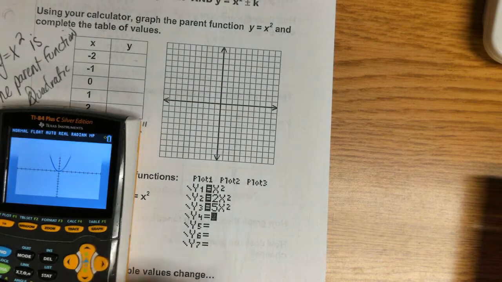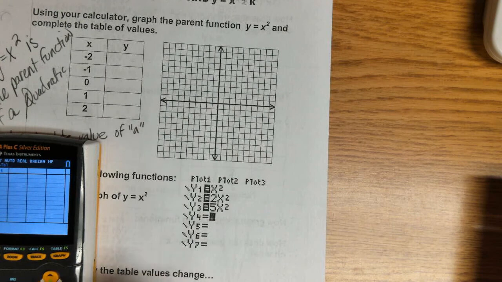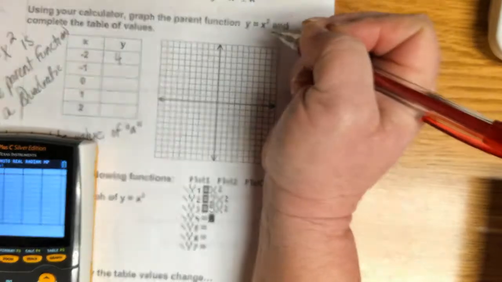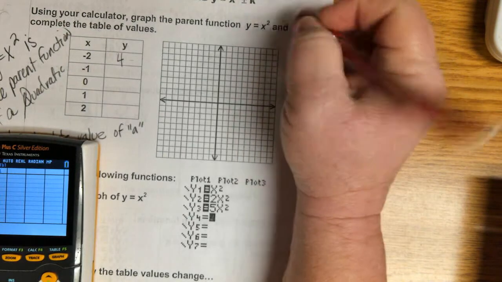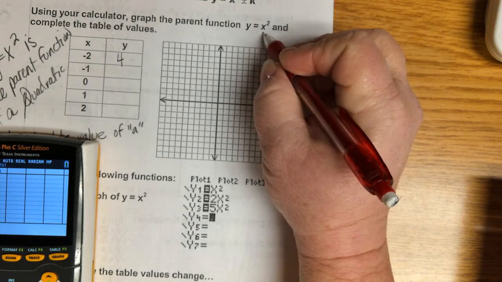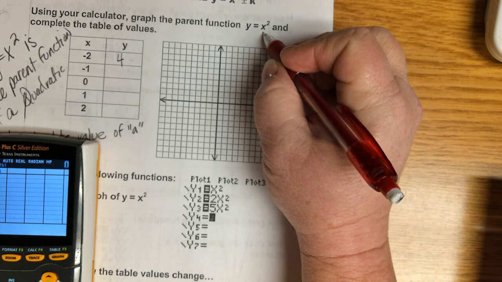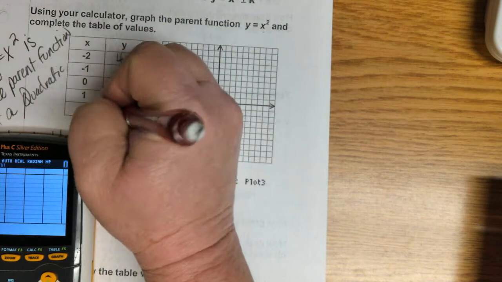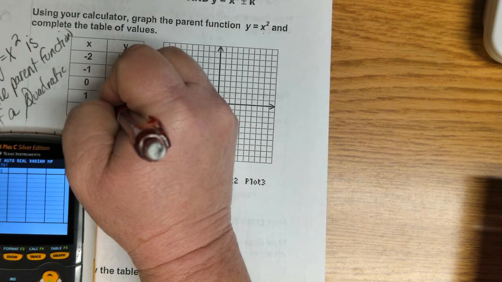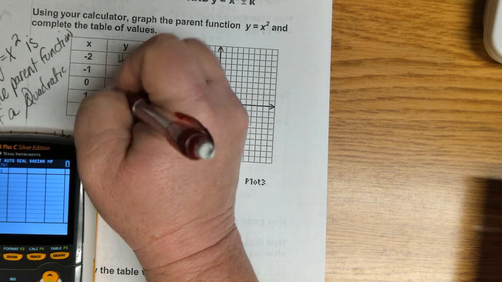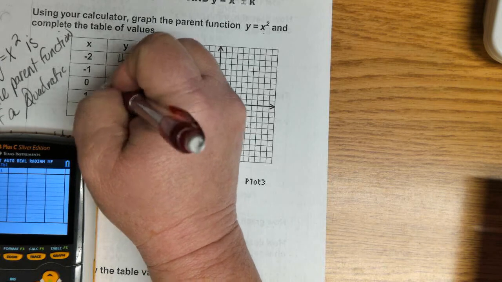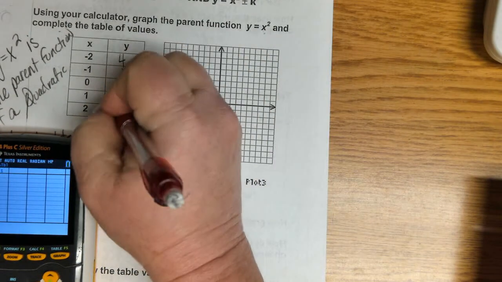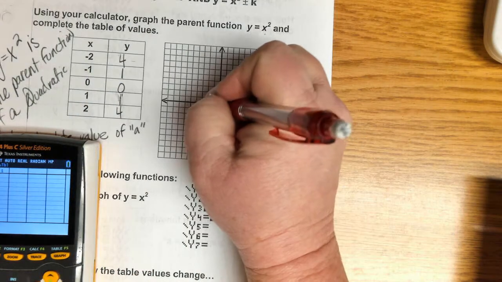I'm going to go second in table, and plug in some points. -2 is 4. We would just put in -2 for x and square it, and we would find 4. We'd put -1 in for x, and we would find that that is 1, 0 is 0, 1 is 1, and then 2 and 4, and remember it's going to be that because you have a mirror image.